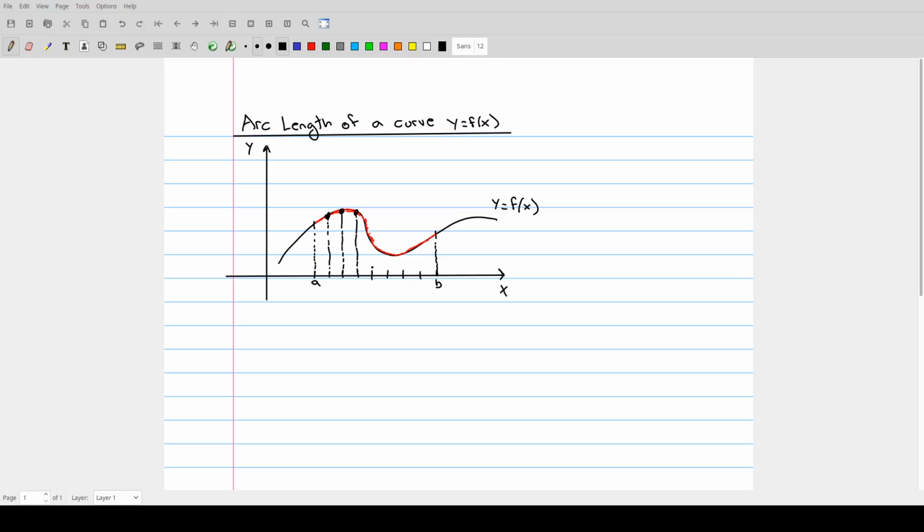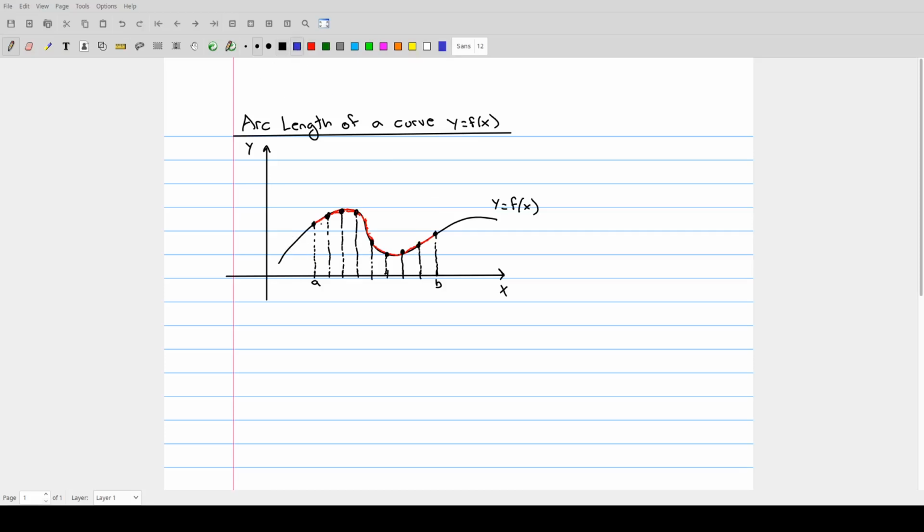And the idea now is that if we partition the curve into all of these small pieces, remember that we can do this with even finer and finer partitions, so we can get very, very precise.